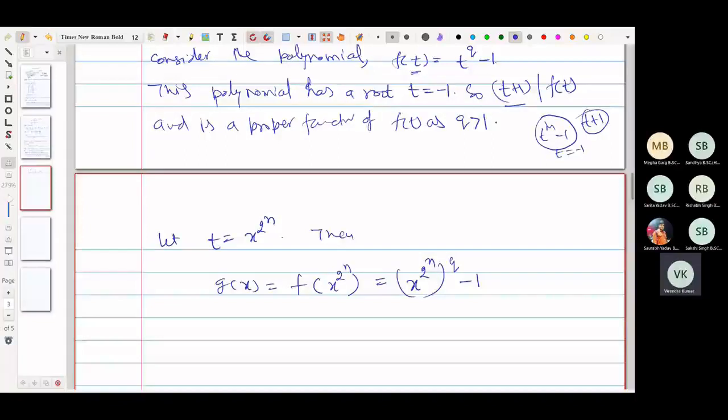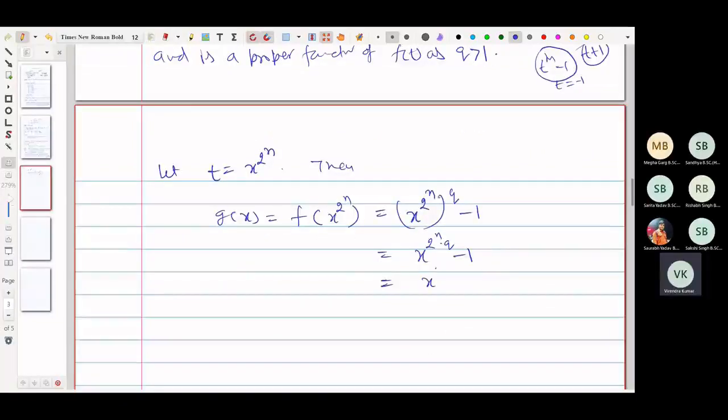So what we get, we can write it as x to the power 2 to the power n times q minus 1. This 2 to the power n times q is nothing but m, so we can write it like this: x to the power m minus, I think minus 1 or plus 1, let us see.